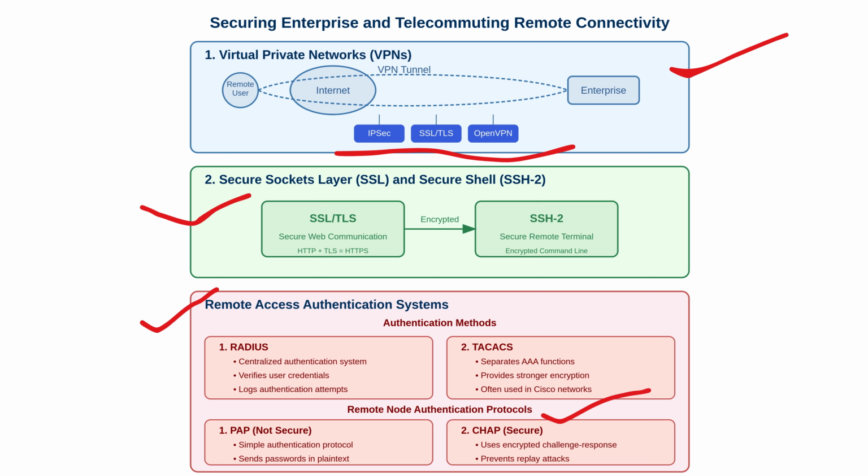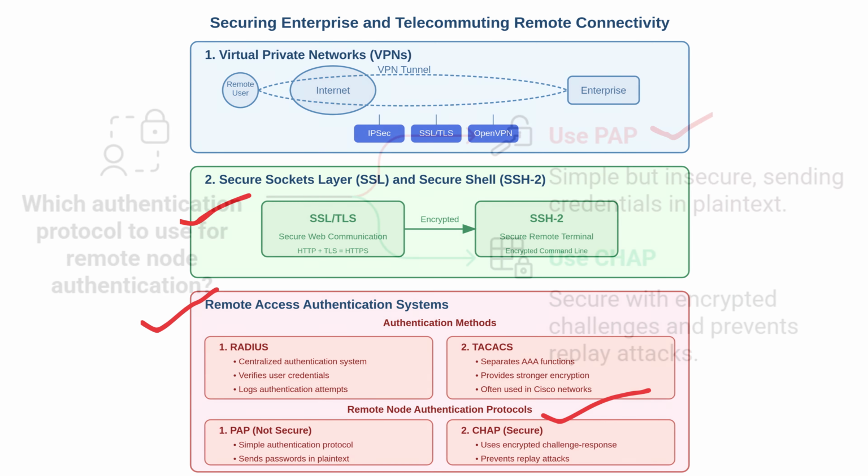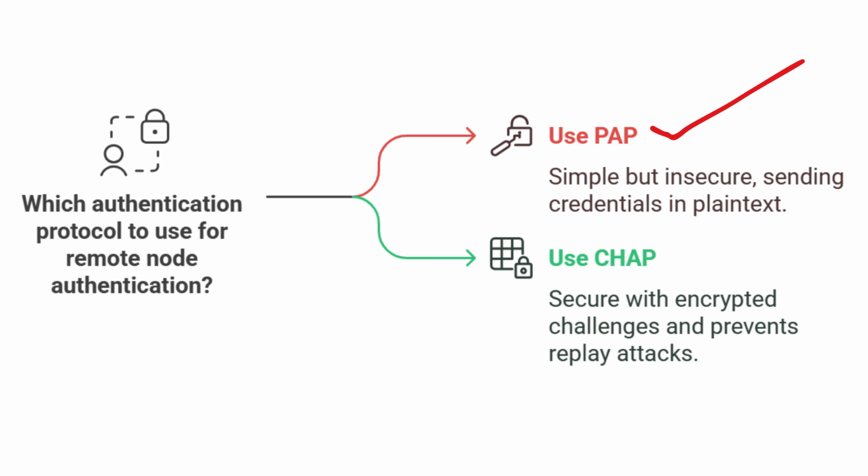Remote node authentication protocols. In addition to authentication servers, we also have node-level authentication protocols, which secure individual connections. Two of the most common are Password Authentication Protocol, PAP. It is a simple authentication protocol where usernames and passwords are sent in plain text. Because it lacks encryption, it is not secure and is rarely used today.